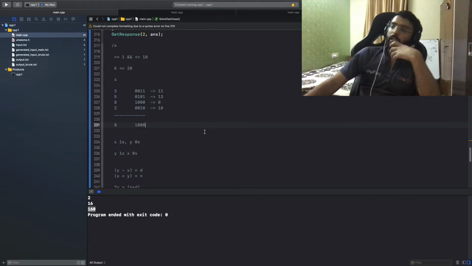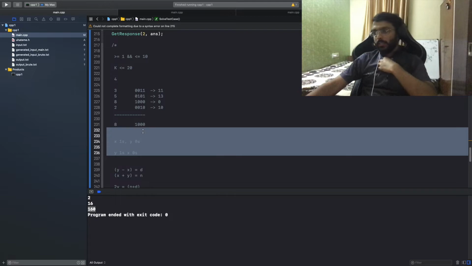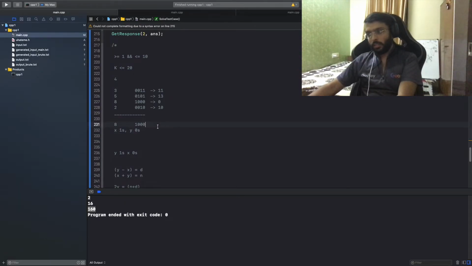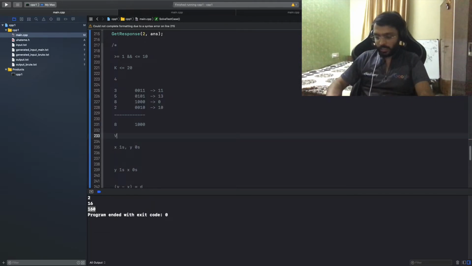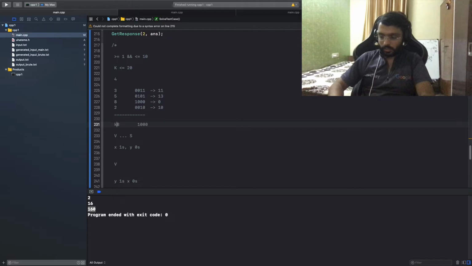Wait, if I do subtract s, then what would happen? Hmm. I think my equations will be a little different. Let us still assume that initially I have x number of ones and y number of zeros. Let's say I got value v, and my initial sum is s. And let's say this is k for the time being, k equal to 8.